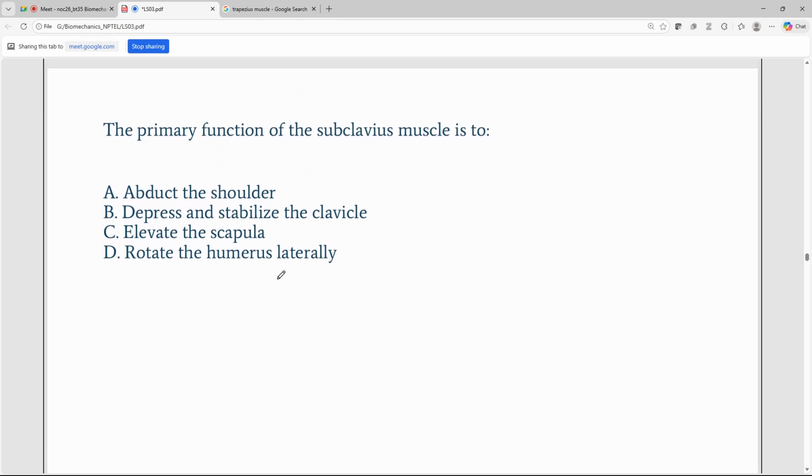Next question. The primary function of the subclavius muscle is which of the following? Options are A, abduct the shoulder, B, depress and stabilize the clavicle, option C, elevate the scapula, option D, rotate the humerus laterally. So which is the function of the subclavius muscle?